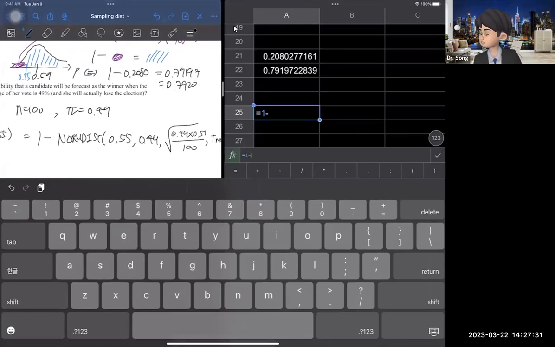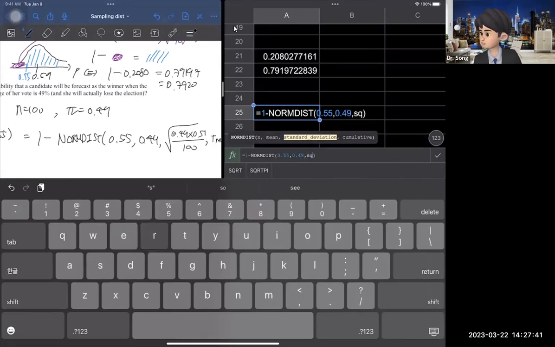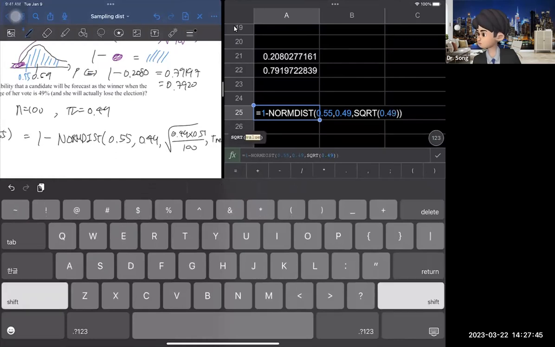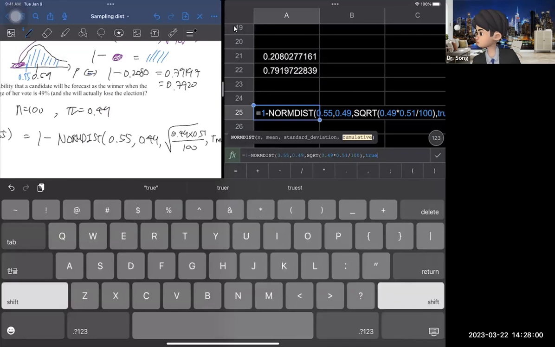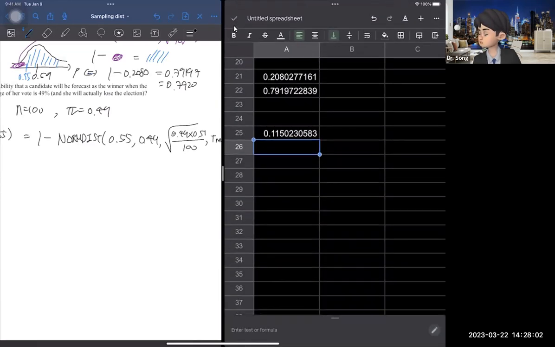So 1 minus NORM.DIST, 0.55, mean equals 0.49, standard deviation is square root of 0.49 times 0.51 over 100, right? And then you put true because we need to find the probability, and then enter. So the answer is 0.1150.